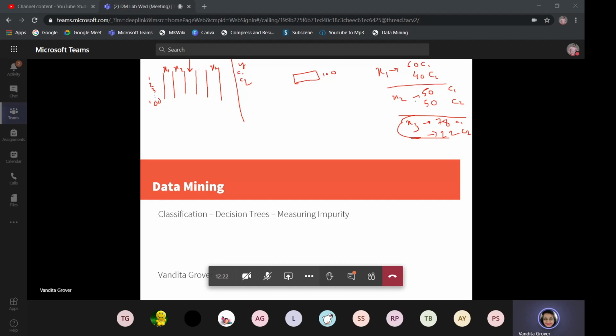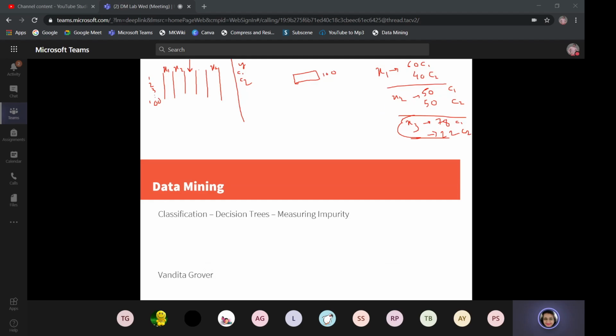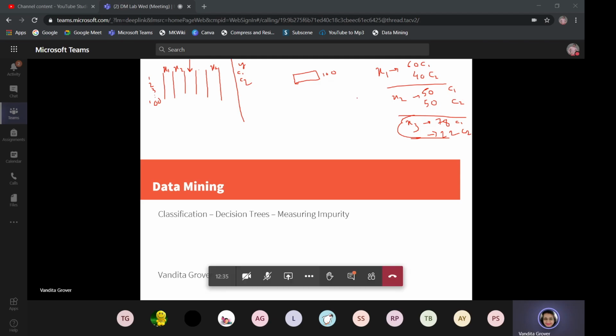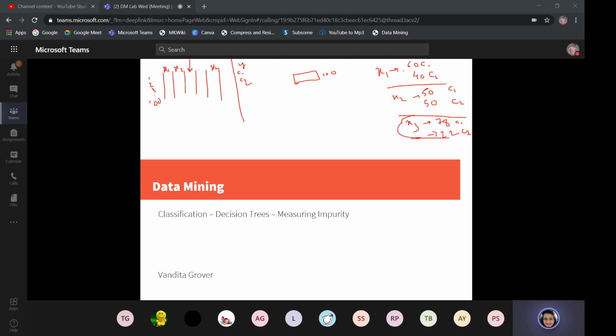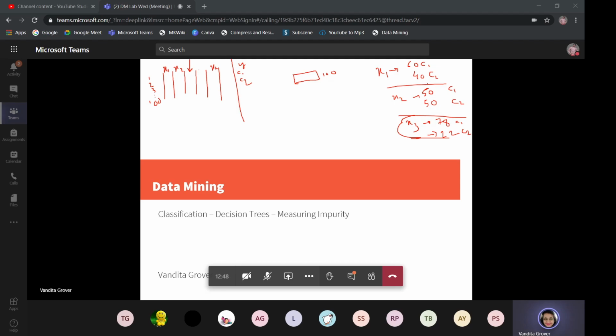If you see X2, if I decide based on X2, 50% of my records are going to C1 and 50% of records are going to C2. And then if I talk about X1, there is some better way, because now I know because of X1, 60 of my records will go to C1 and 40 to C2.